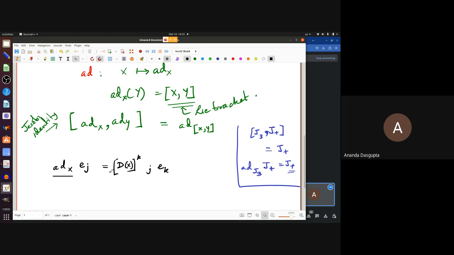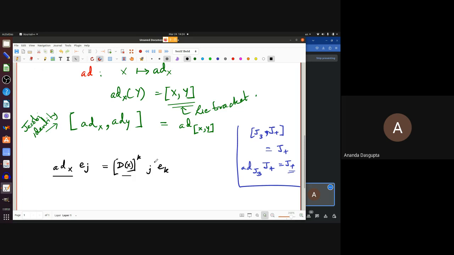So ad X will have a corresponding matrix, which of course will depend on X. And the elements of that matrix will be defined the same way as every linear transformation's matrix is defined. Note here that K is the first index and J is the second, so if you think of this in terms of row by column matrices, K is the row index and J is the column index.